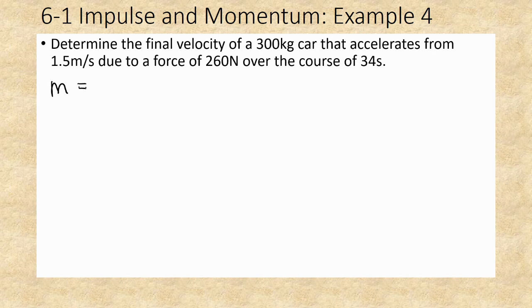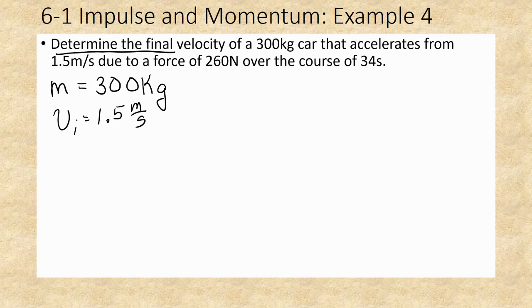Start with the givens. Now notice that I'm using the initial velocity here because this initial velocity of 1.5 meters per second is where the car starts. We're asked to determine the final velocity. So we're going to get that at the very end.